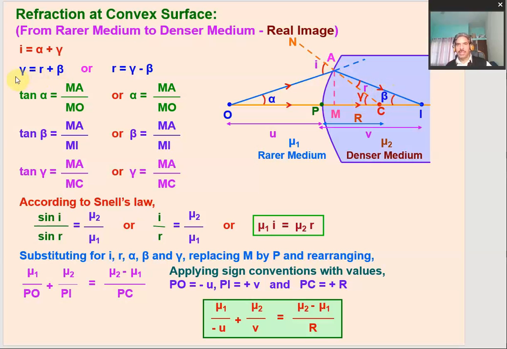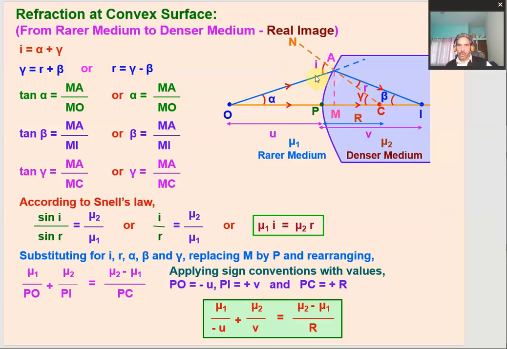You can write this from triangle ACI, by using the exterior angle property: angle gamma, the exterior angle here, will be equal to R plus beta, the sum of the two opposite interior angles. So from the very first equation we get I, and from the second equation we get R. For R, we take beta to the other side, so R becomes equal to gamma minus beta. So these are the two equations here.